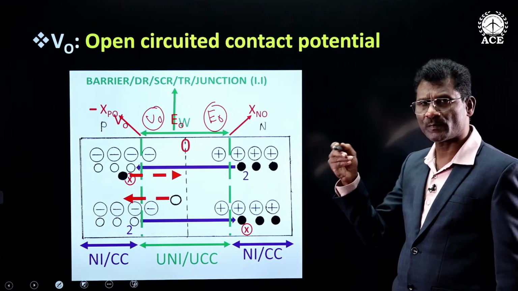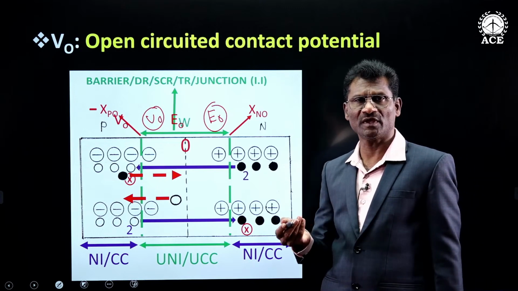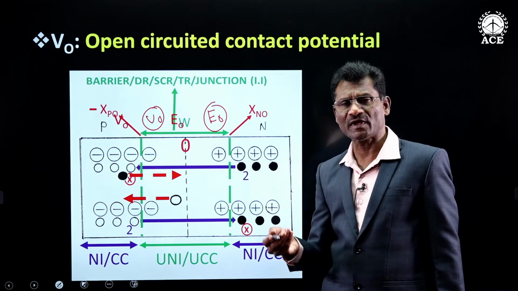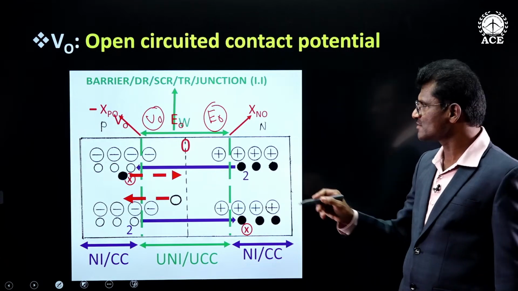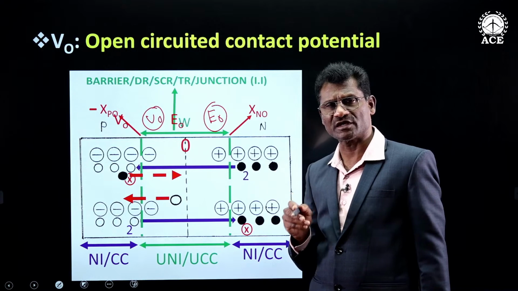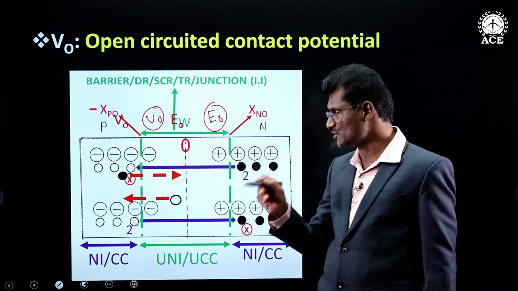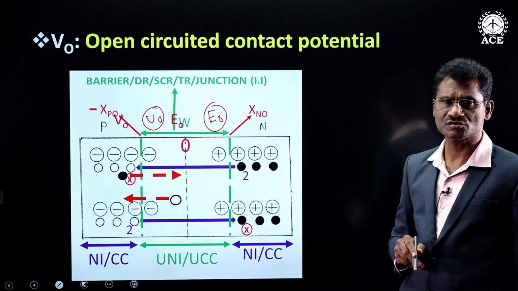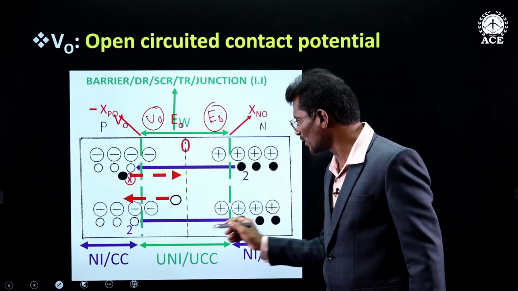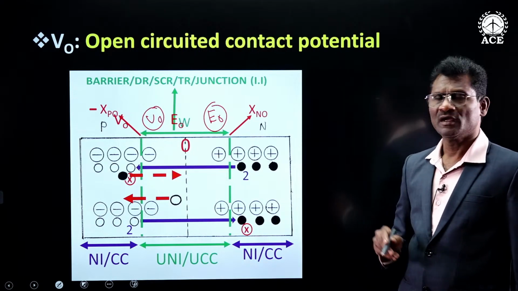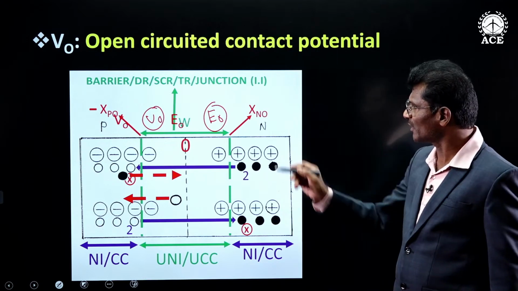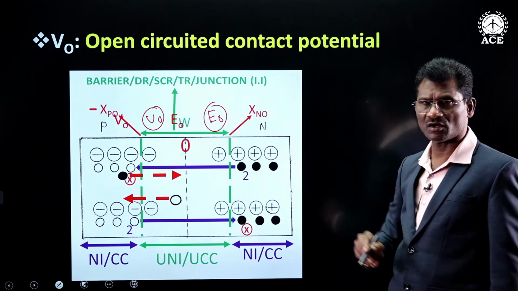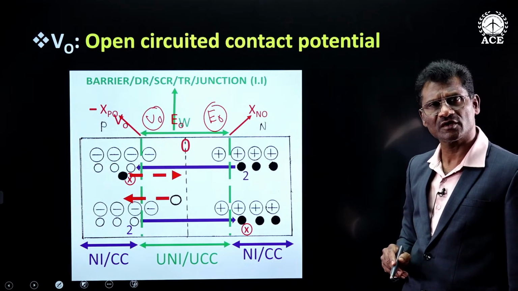We are discussing an open circuited device, means there is no application of external potential to the device, and hence this V0 and E0 are generated internally and hence called induced. That is, across these positive and negative ends, internally electric field or voltage got induced, and it is this V0 and E0 which is responsible for drift current.